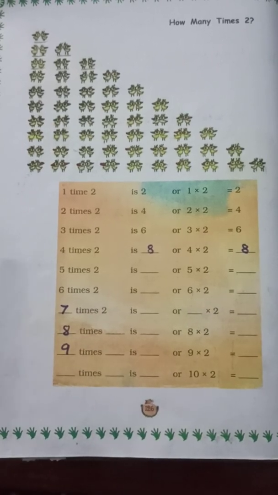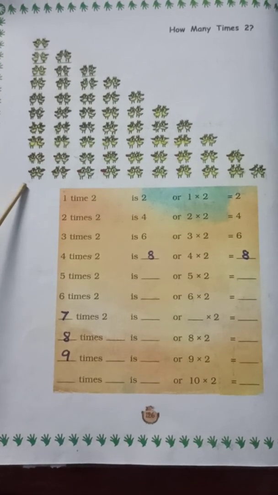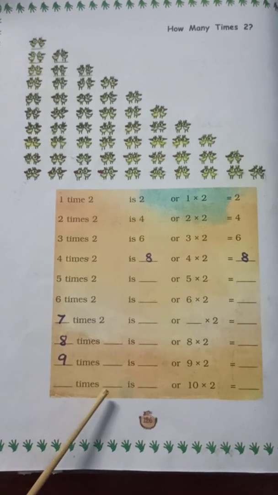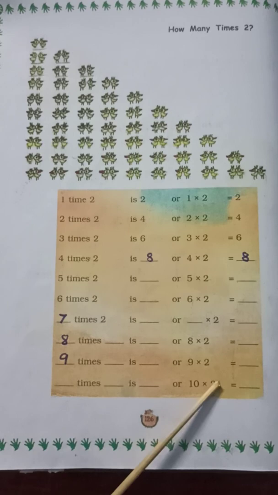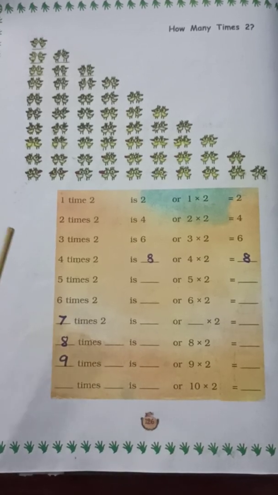So we can say in each pair we have 2 chicks. Okay. So we can write here 10 times 2 means 10 2s are 20. So children, in the 10th row we have a total of 20 chicks.